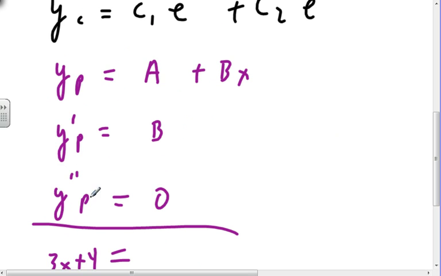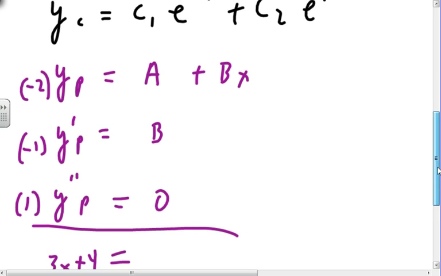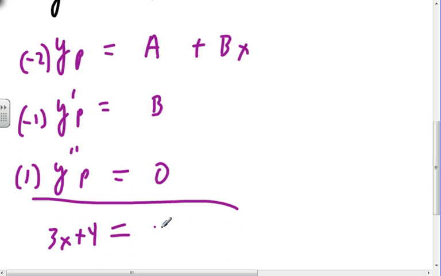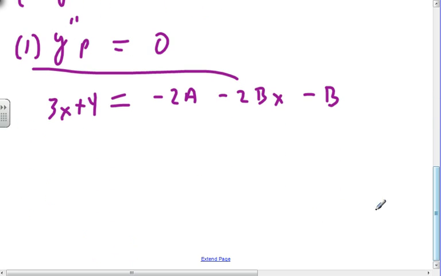So if I have one of them, and minus 1 of this guy, and minus 2 of that guy, then I must have minus 2a minus 2bx minus b has to be 2x plus 4.